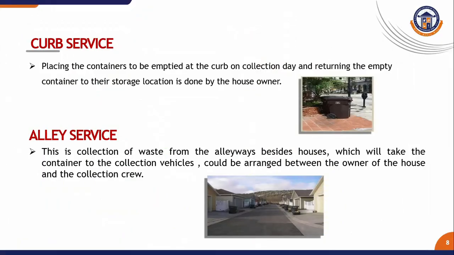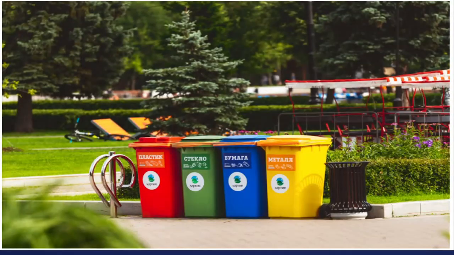Curb service: placing the containers to be emptied at the curb on the collection day and returning the empty containers to their storage location is done by the house owner. Alley service: this is the collection of waste from the alleyways beside the house, where taking the container to the collection vehicle could be arranged between the owner of the house and the collection crew.